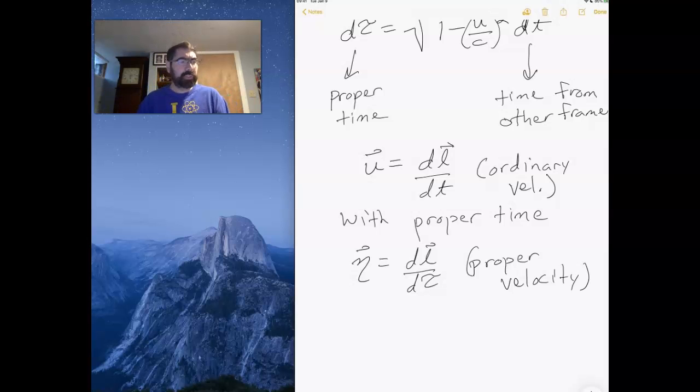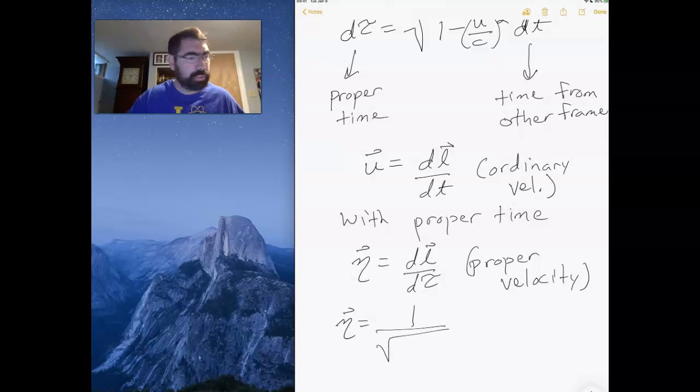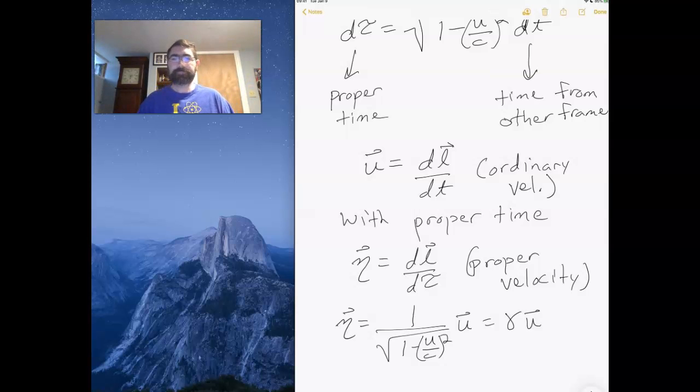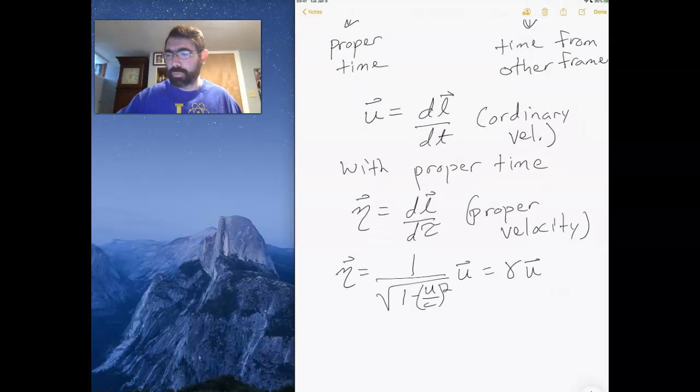Okay, so now if you think about it, I just need to change the dt to a d tau. So that means my proper velocity is 1 over the square root of 1 minus u over c squared, or gamma u. Now, what's the point of this?